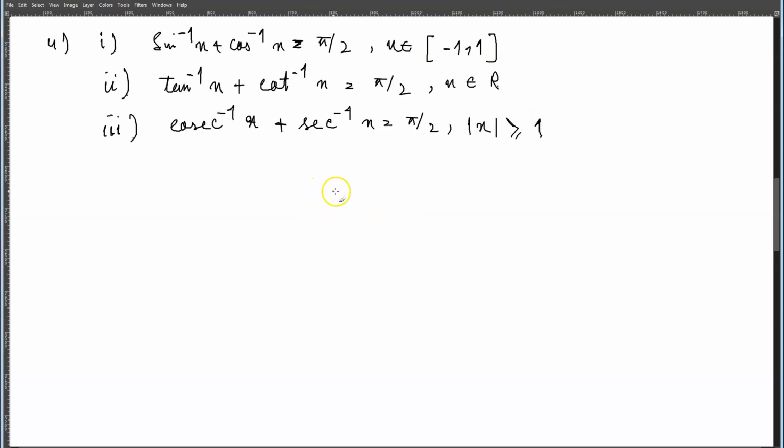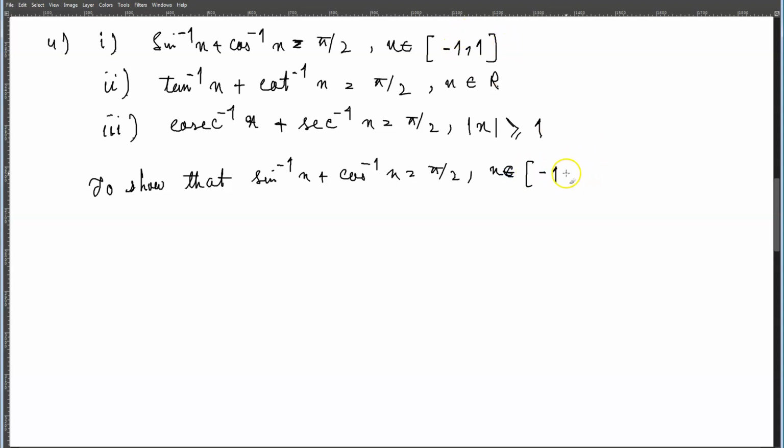Now, what that means is, suppose that we want to show that the sine inverse of x plus the cos inverse of x is equal to pi by 2 for x belonging to the closed interval negative 1, 1.